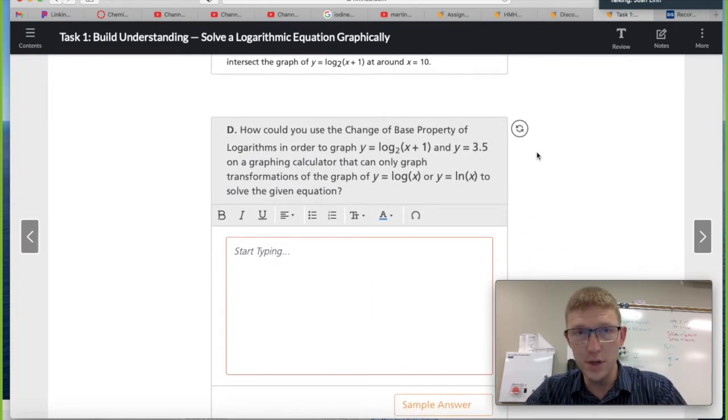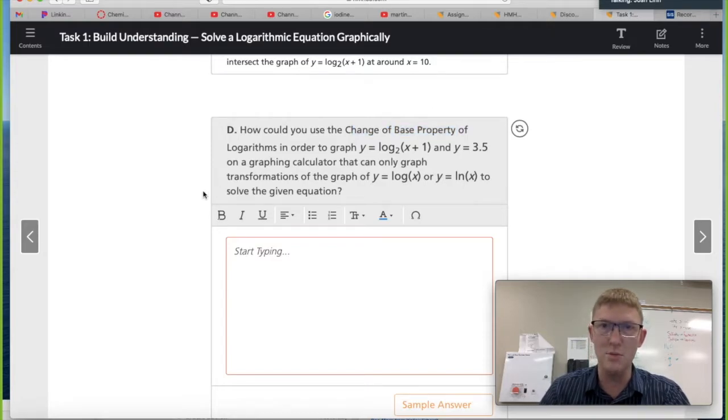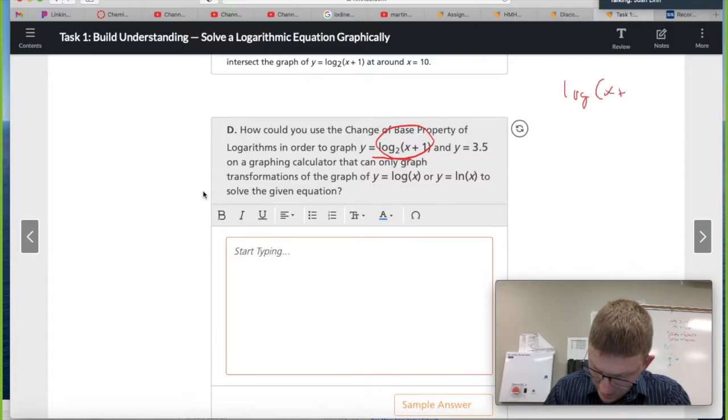So if you did want to use your calculator and you didn't have a log base 2 button, how could you do it? So you could use the change of base property. So remember, if we were going to change this to a log base 10, it would be common log of x plus 1 over common log of 2.